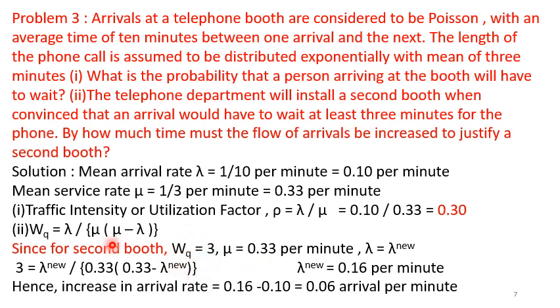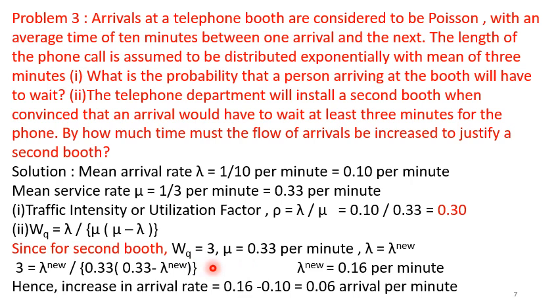You know the WQ expression is lambda by mu into mu minus lambda. Which value of lambda will make WQ come to 3? So 3 is equal to lambda new divided by 0.33 into 0.33 minus lambda new.